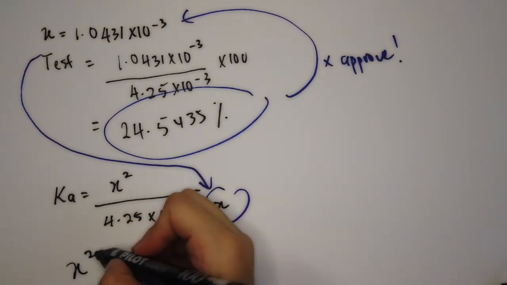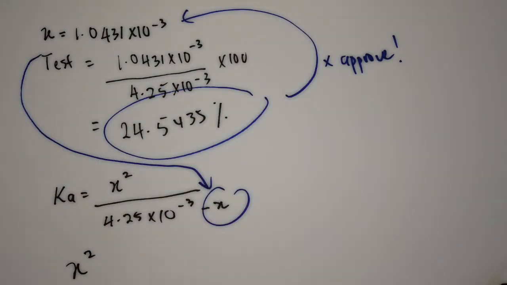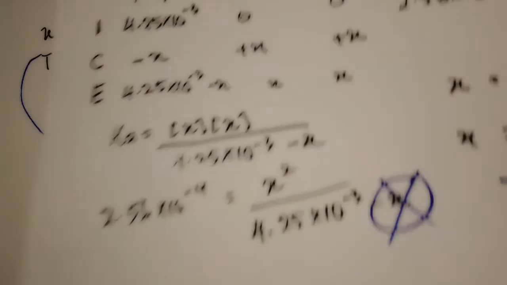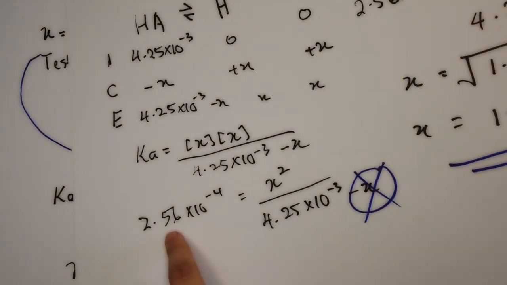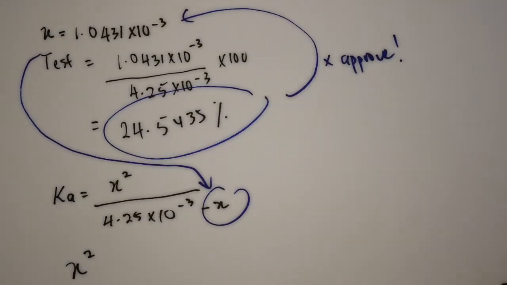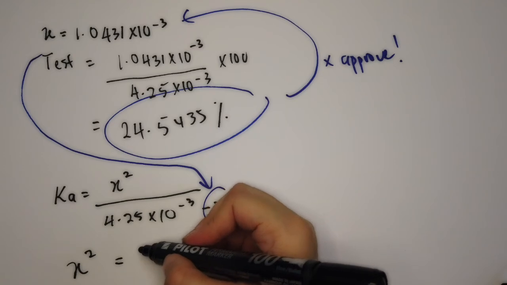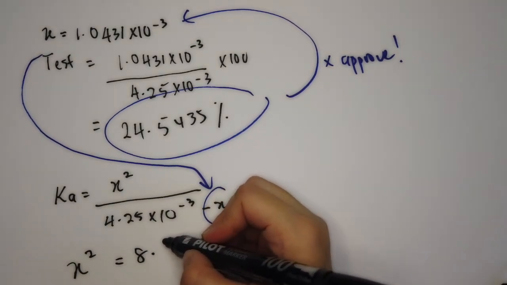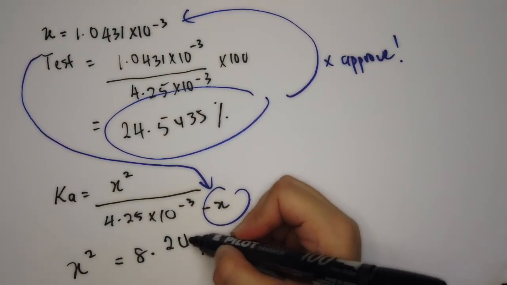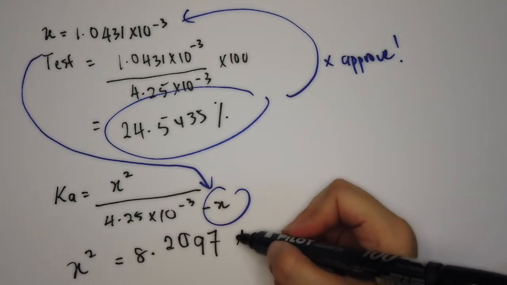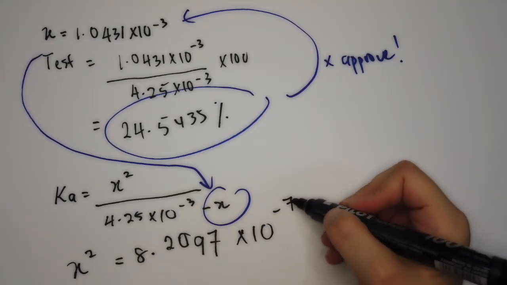The value of Ka is the same value given in the question, 2.56 times 10 to the power of negative 4. So you will get X squared equivalent to 8.2097 times 10 to the power of negative 7.